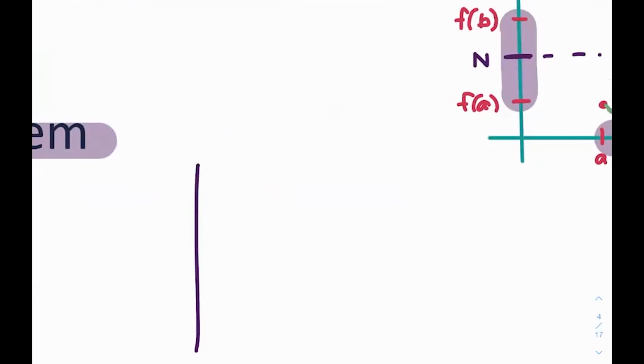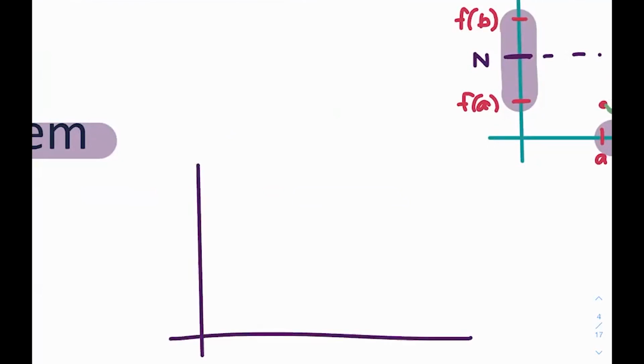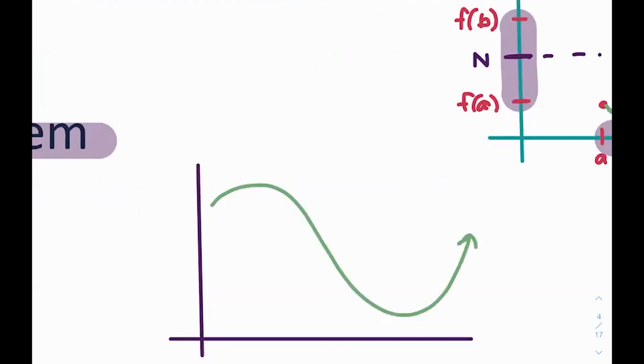Graphically, that would look like this. I'm going to try to draw a different looking function this time. So maybe we start this way. So if we start with a function that looks like this, I pick a value of A and I pick a value of B so that I'm looking between 2 points. And then I say I'm only going to look between those 2 points, A and B. So I'm only going to look at this part of the function.